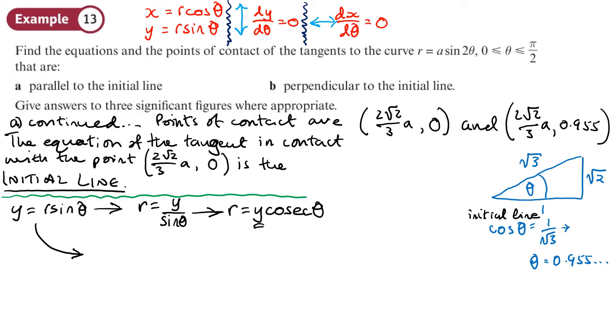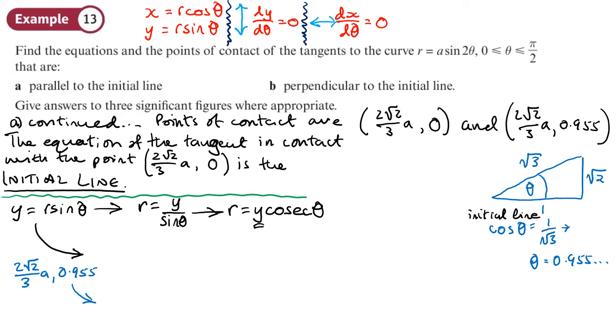The other point of contact is the 2 root 2 over 3a, and then this 0.955. Now this 0.955 came from doing cos theta of 1 over root 3.